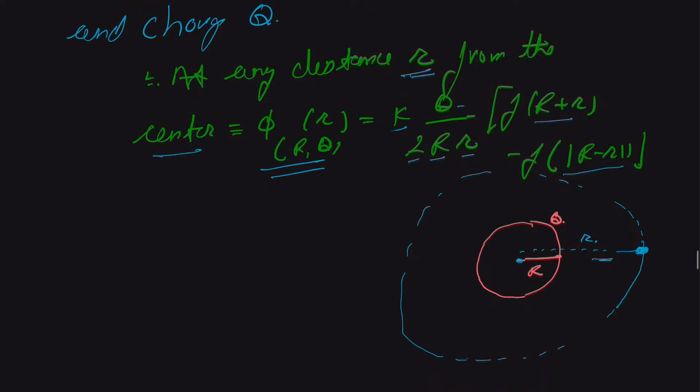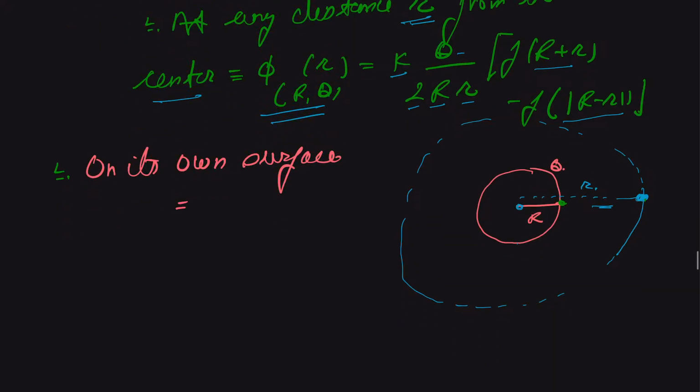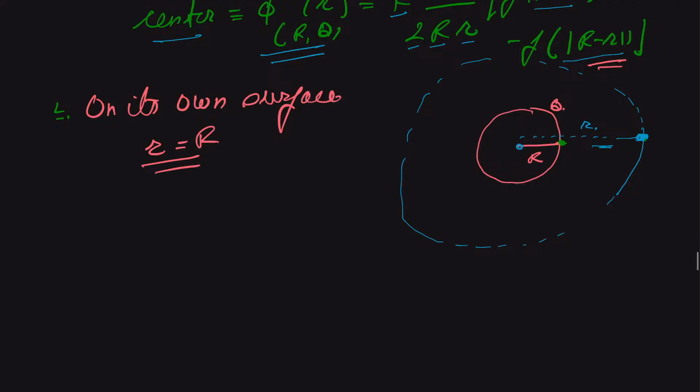If this point is on the surface of the shell, we can modify this formula. On its own surface, our r is equal to capital R, so obviously the second term will be equal to 0.